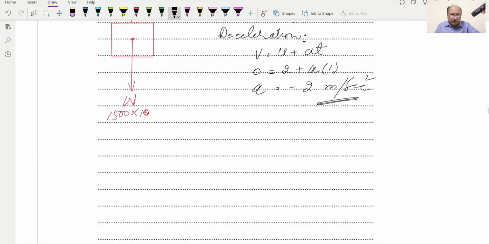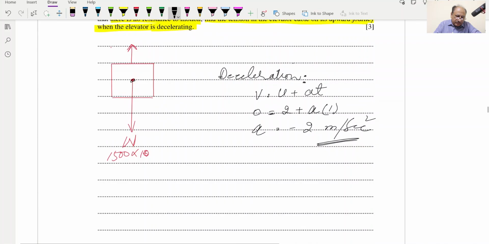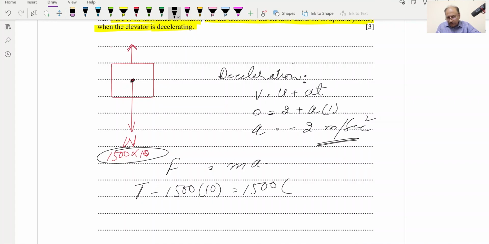Now we can apply Newton's law on the elevator plus the person. The elevator is moving upward, so the tension will be more than the downward force, and the downward force is 1500 multiplied by 10. This will be equal to ma. So F is equal to ma, Newton's law we are applying. The mass is 1500, and the deceleration we calculated as minus 2.